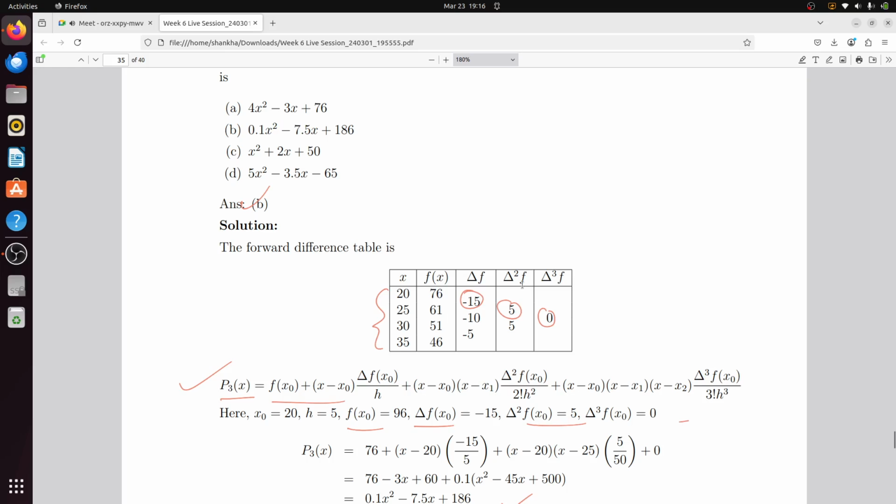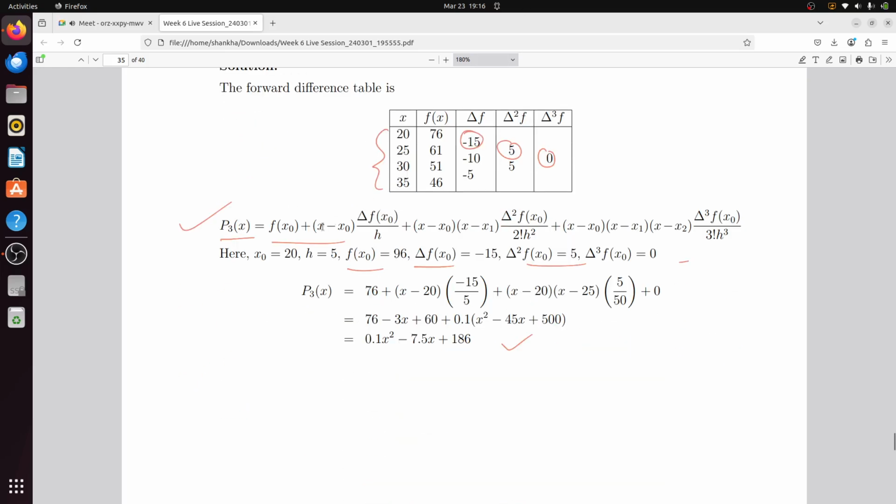you can only construct a quadratic polynomial only. So the quadratic polynomial will be, sorry, cubic polynomial only. So you can, sorry, quadratic polynomial only, because this last term will vanish. So that means f(x0) plus (x minus x0) lambda of f(x0) by h, and that is how you can actually get your p3(x).